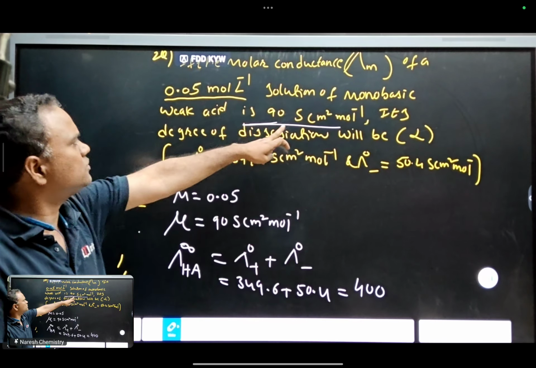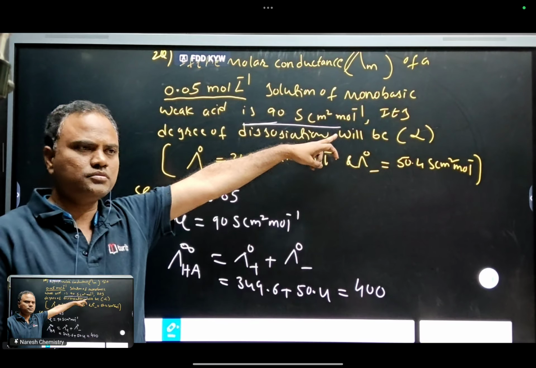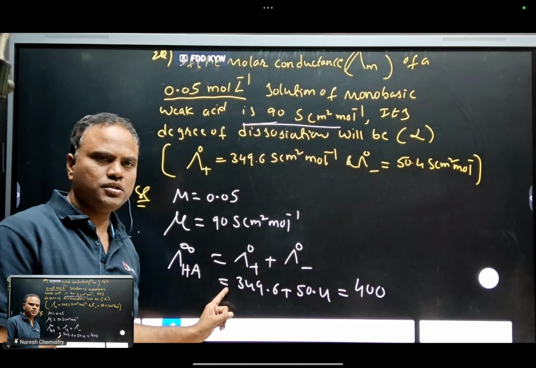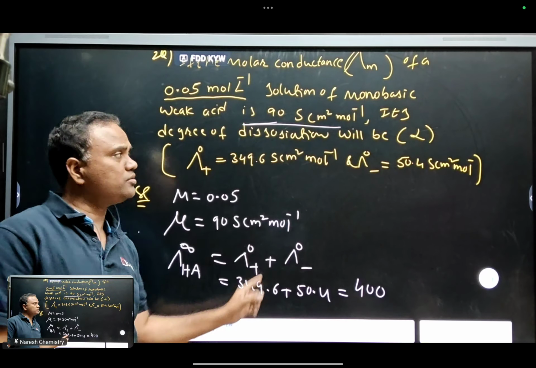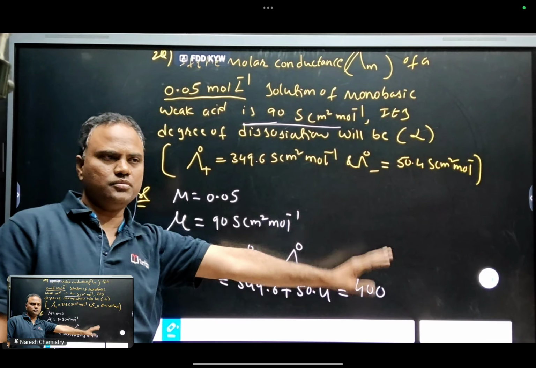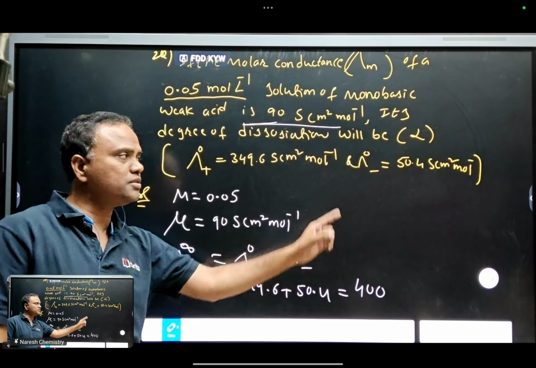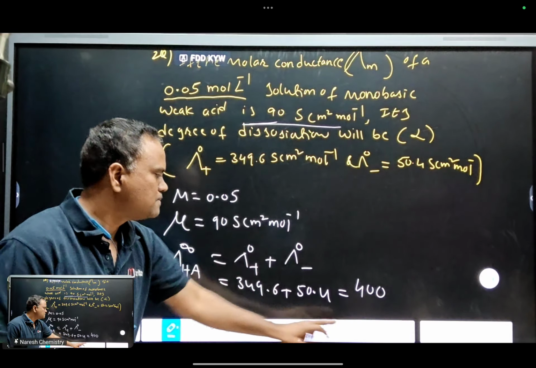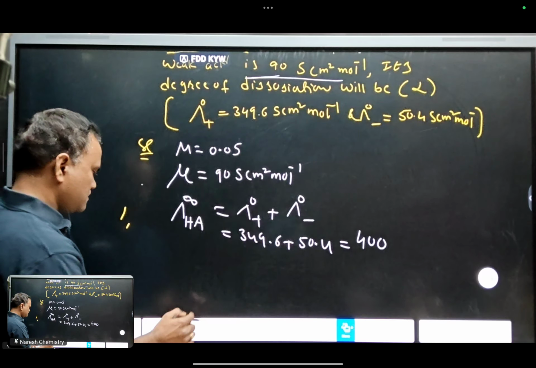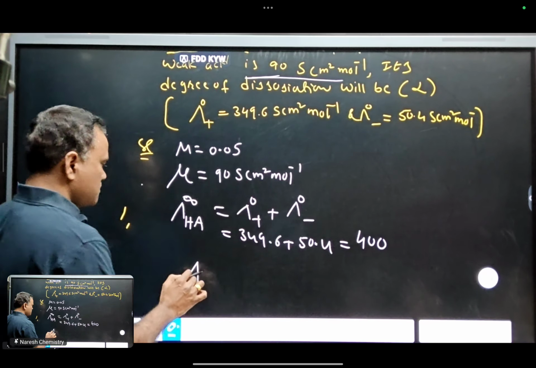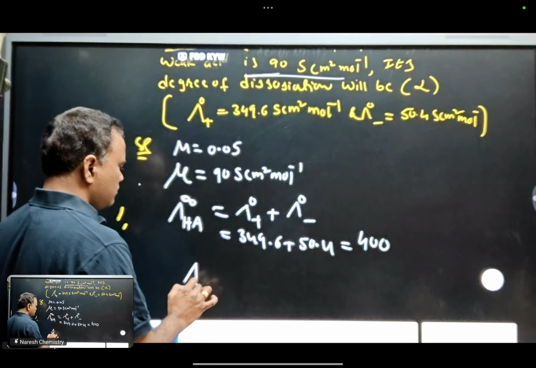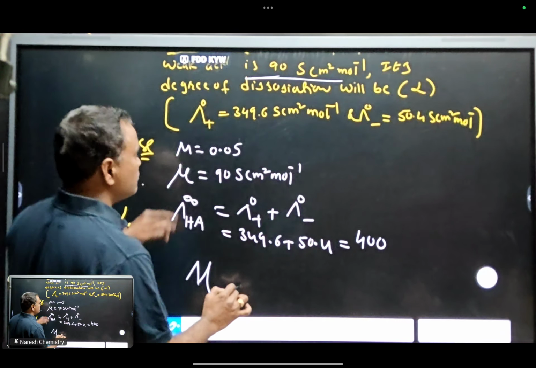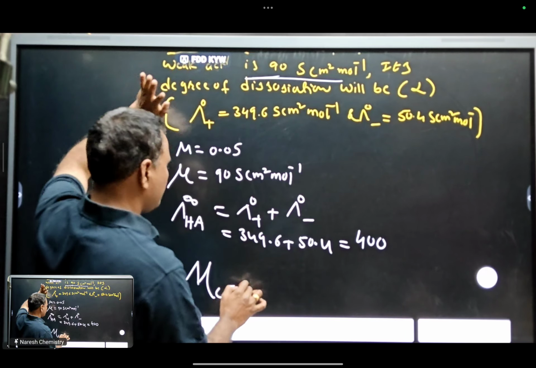Mu is given here at any concentration, whereas the other value is at infinite dilution. I explained this by taking a table once. Mu c is this value, 90.